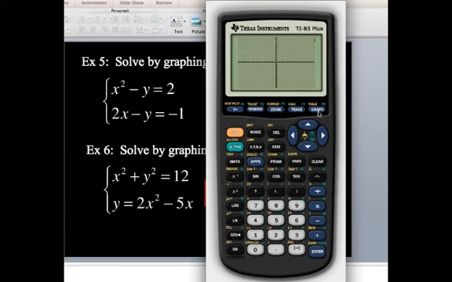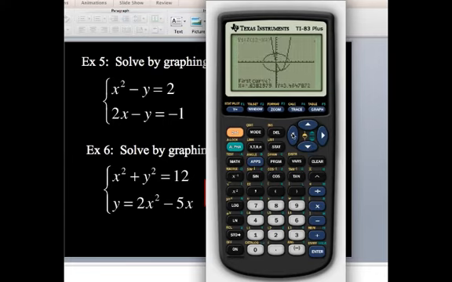So now when we look at the graph, this should have been a circle. That's why I stopped right away. And again, our screen is oblong, so that's why it doesn't look exactly like a circle. But we can see that it looks like it probably intersects in 3 spots. So let's find these first couple. We'll go second trace, down to intersect.